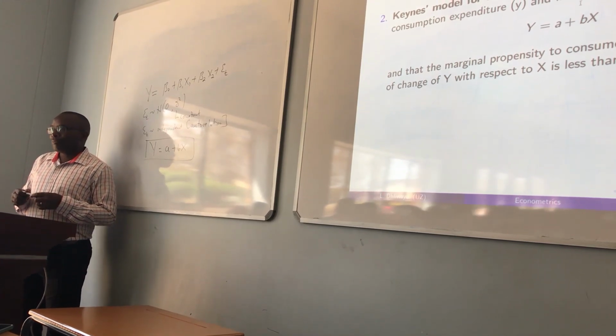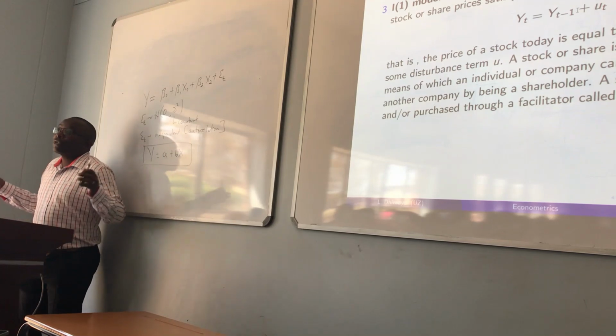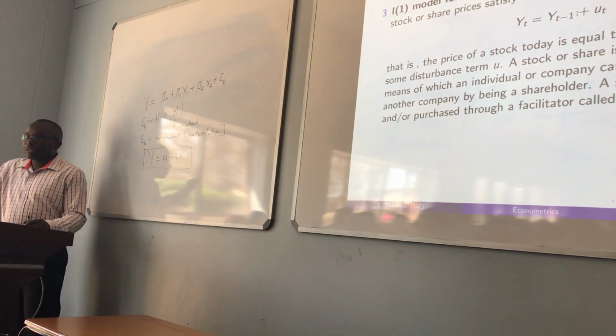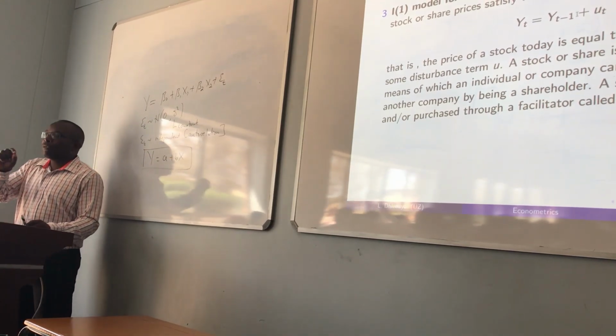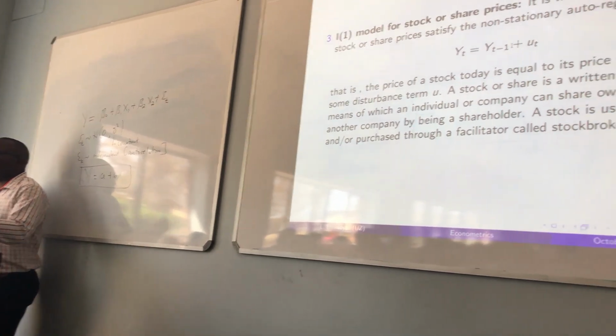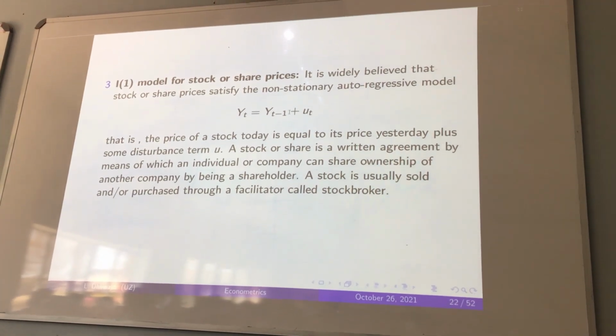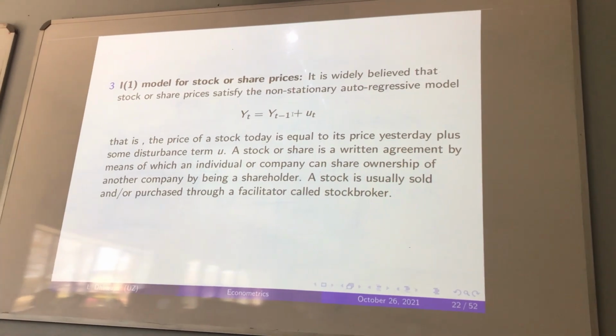Now, another model that they know. If they have data with stocks, if they have data of share prices, what is the model that they are going to fit? It's an I1 model. I1 model is integration of order 1.